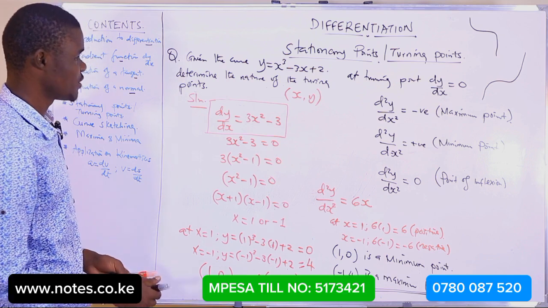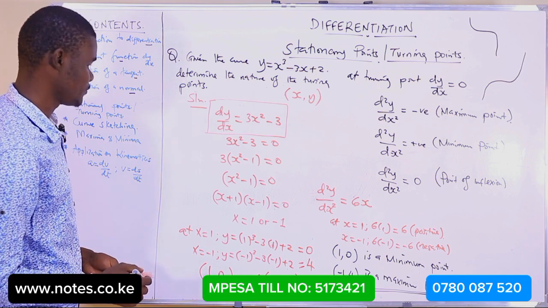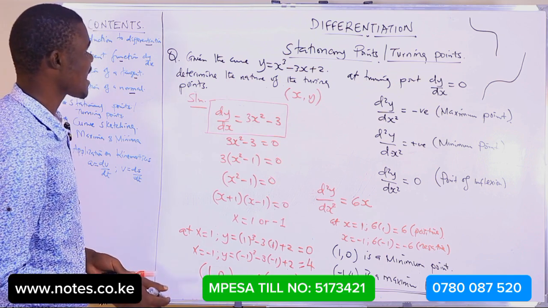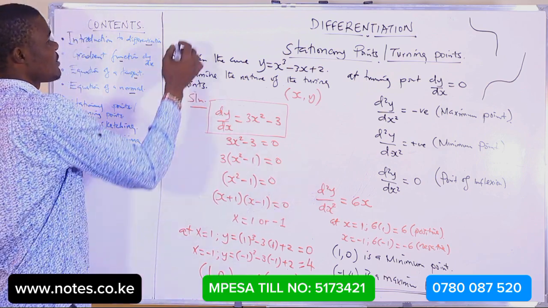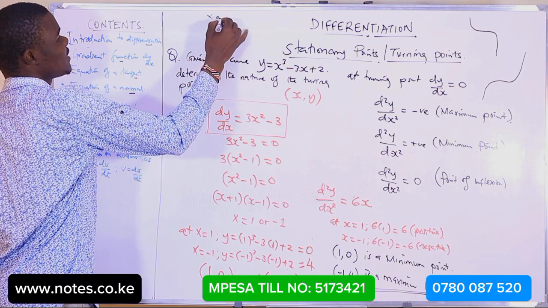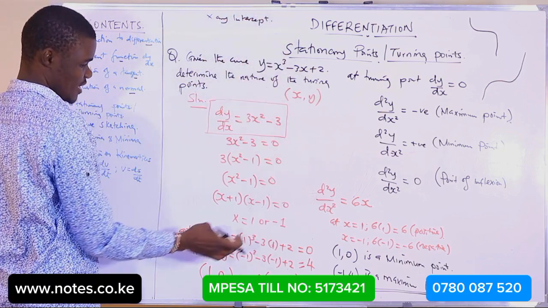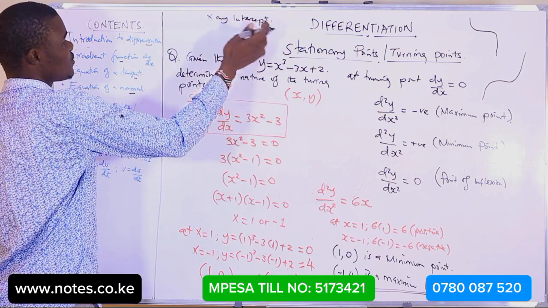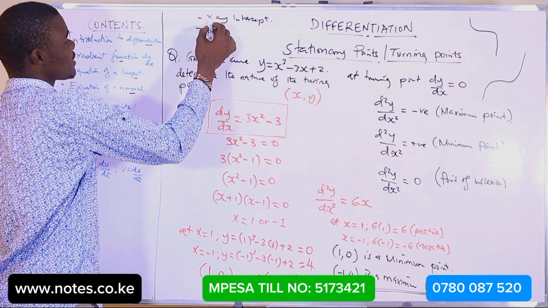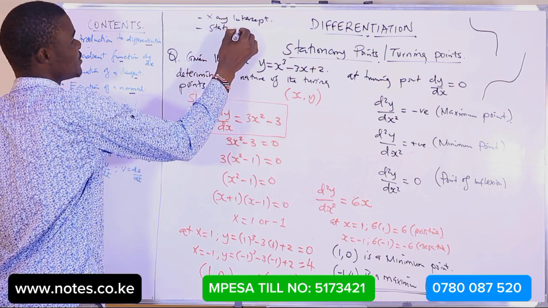And if they wanted you to sketch that curve, you need 3 things. Number 1, x and y intercept. And already we have the x-intercept, so you're going to look for the y-intercept, and also you look at stationary points.